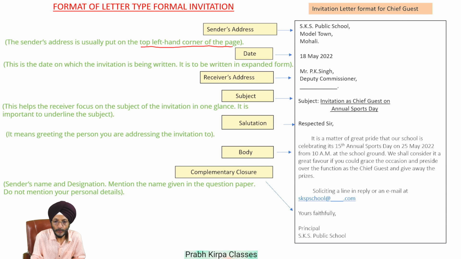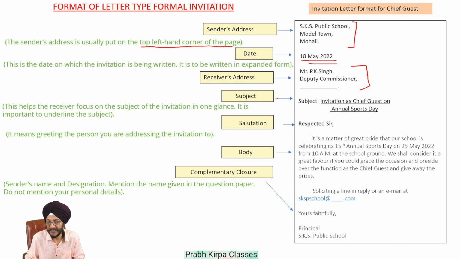The sender's address is usually on the top left corner if it is to be written on plain paper. But if it is on a letterhead, then there is no need for writing this address. Then comes the date of writing the invitation letter. Then we are to write the receiver's address, that is, whom you are inviting to be the chief guest or VIP.